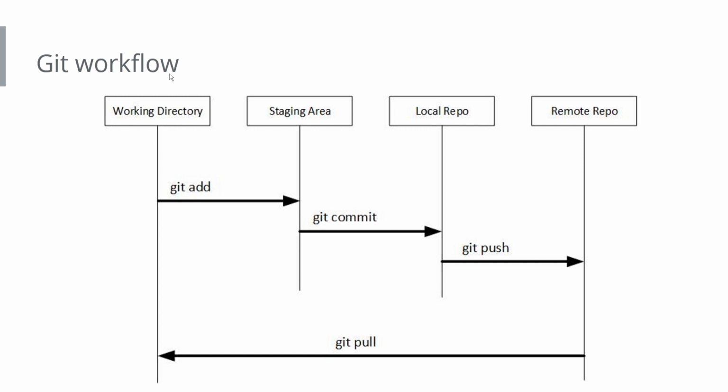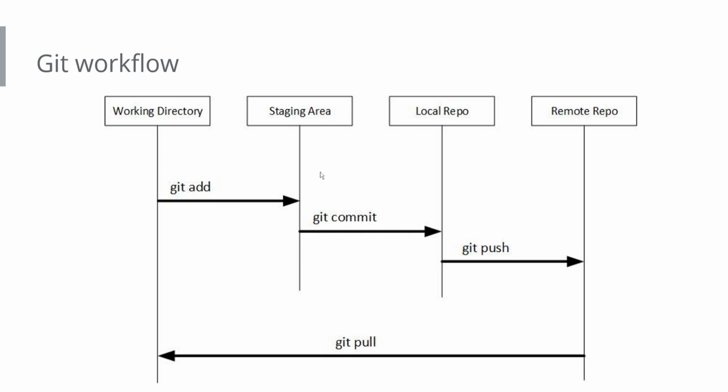So here we have the working directory, and this is basically going to be like our PC where we are typing our code. So our text editor or our IDE, that's basically going to be our working directory. Now after writing some code, we can do a git add onto the staging area. And if you could remember, the staging area is where we actually prepare for our commits.